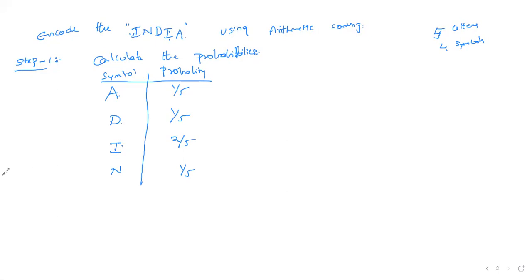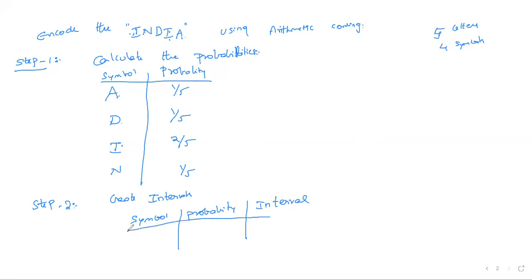After that, step 2. Create the intervals. So symbol, probability, interval. Don't write I 2 times.